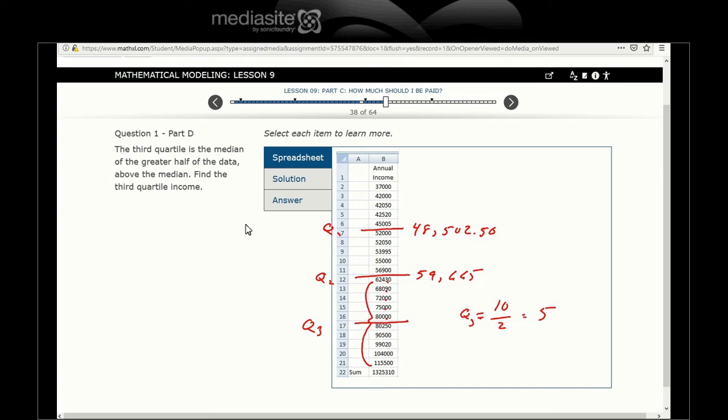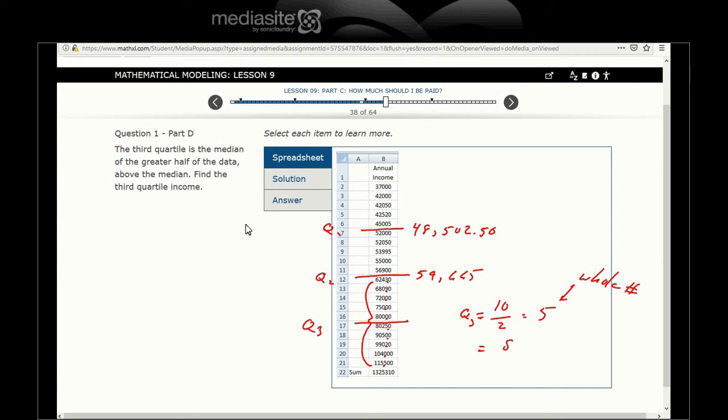And make sure there's 5 below it. 1, 2, 3, 4, 5. So 5 above and 5 below that value. And again, it's an even number, a whole number, so we have to split between that one and the next one.